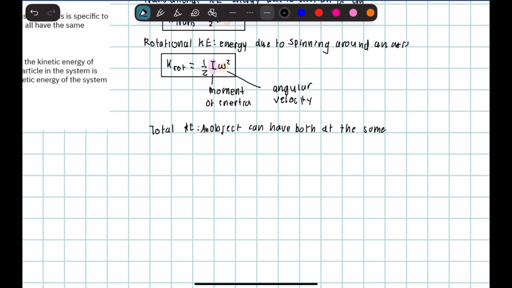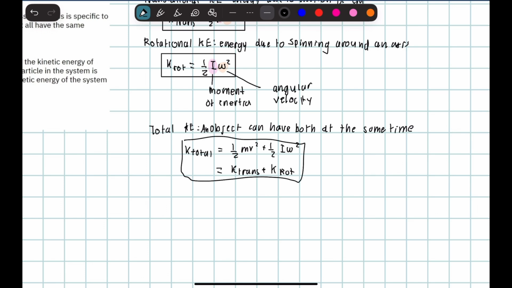And what does that mean? We know that K total is equal to the sum of both of these: 1/2 mv squared plus 1/2 I ω squared. That's just K translational plus K rotational. Remember, the total kinetic energy is both of these. You have to add up both the translational and the rotational kinetic energy.